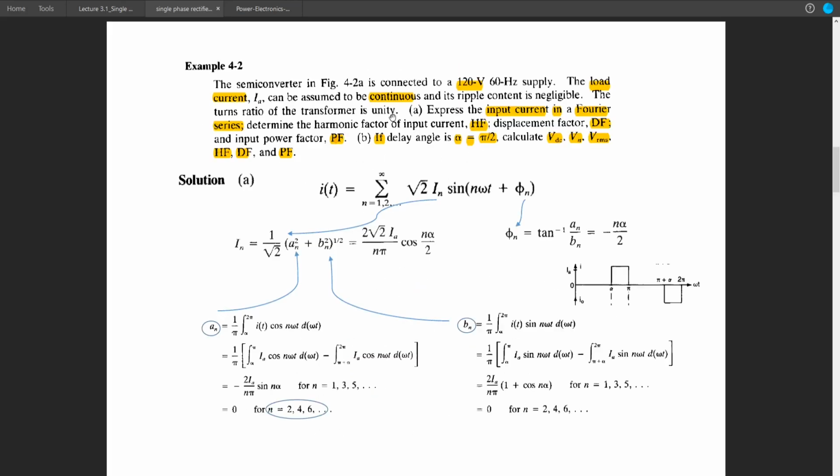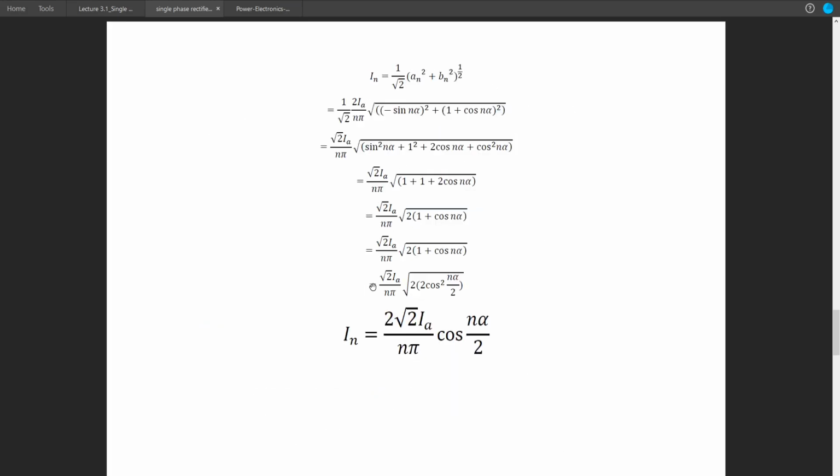So to sum up this example, in order to express this waveform in a Fourier series, we have to remember this formula and this formula as well. But this value In can be derived very easily. So this is the derivation of In. So this is a very easy derivation.